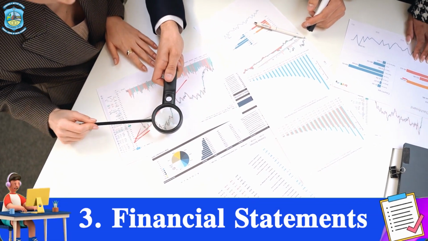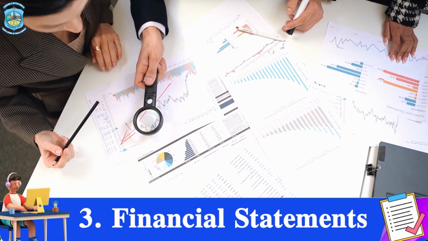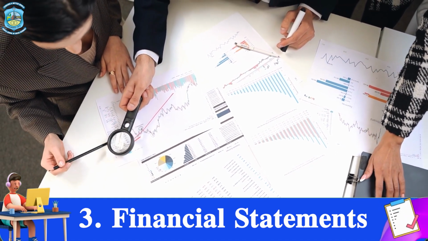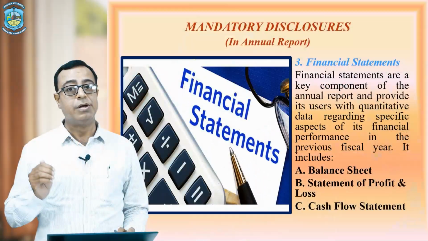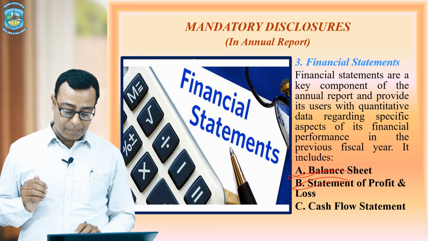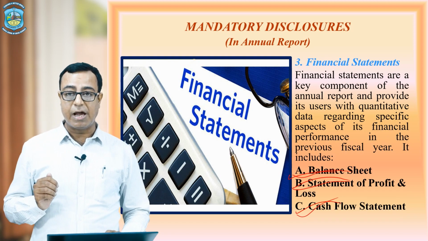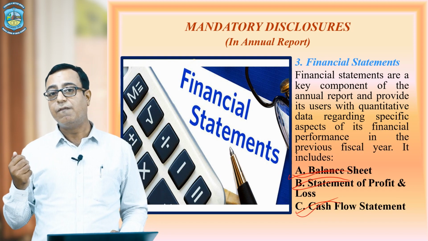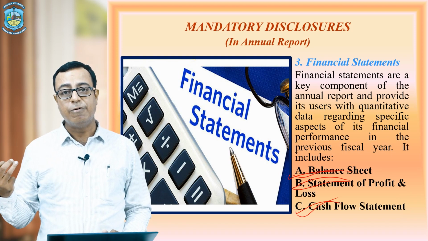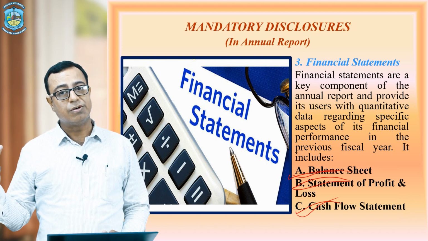Third, we have financial statements. Yes, financial statements are a vital, indivisible part of the annual report. They include the balance sheet of the company, the statement of P&L, and the last one, the cash flow statement. With the help of profit and loss, shareholders and users will know the profit or loss of the company.